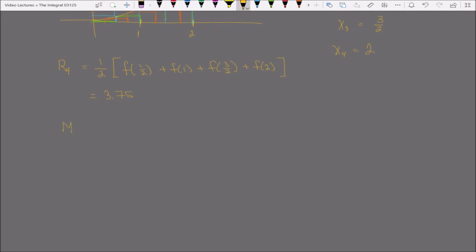Let's look at M4 next. M4 is delta x times the midpoints. So we'd have f of a quarter plus f of 3/4 plus f of 5/4 plus f of 7/4.